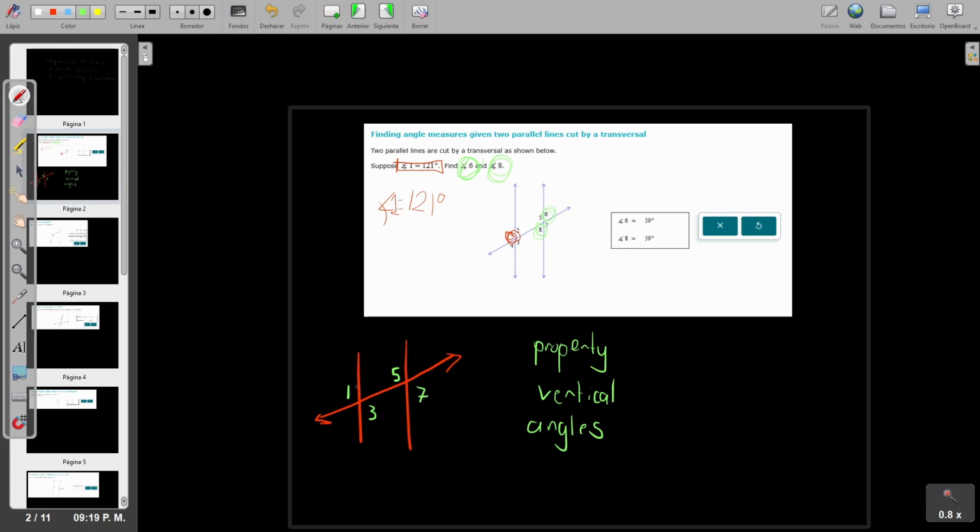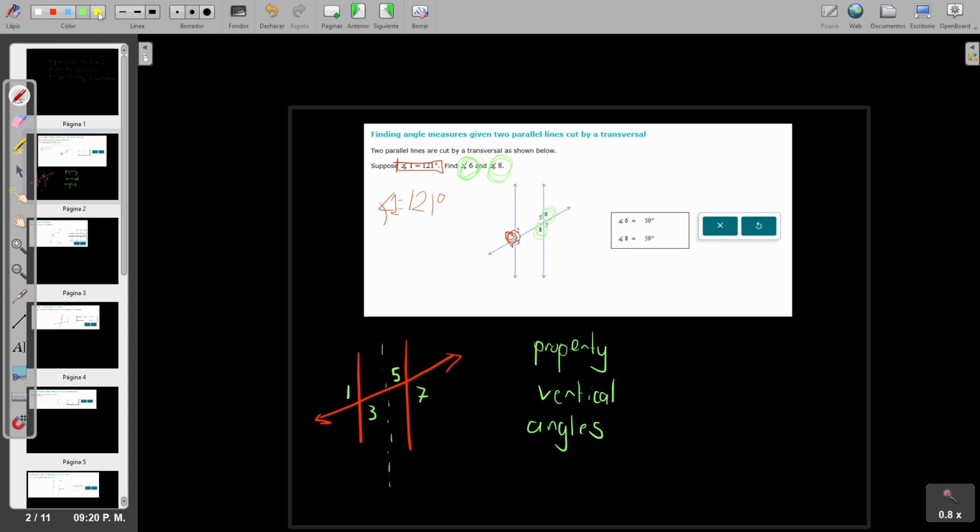Because we can see these parallel lines divided like this, and these angles should be the same because they are the same line divided by this parallel. So the logic, the theory is that angles number 1, 3, 5, and 7 are of the same value.